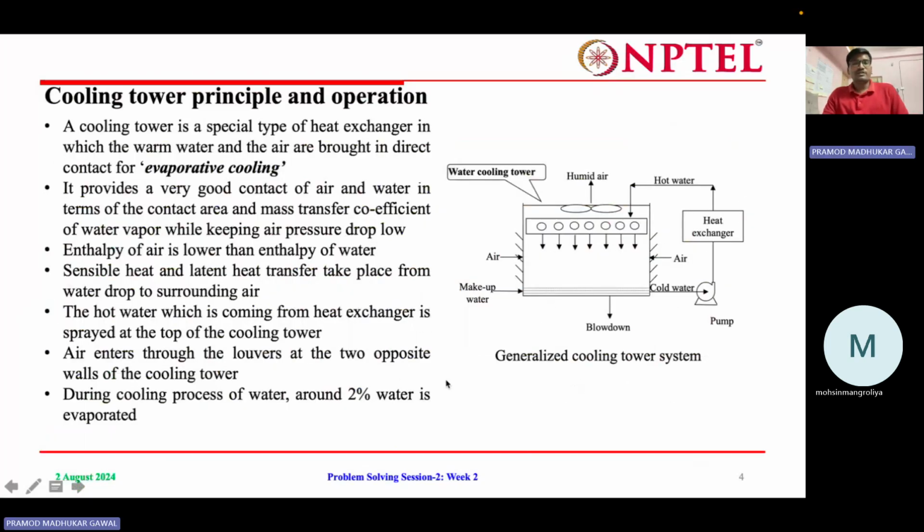Now moving to the cooling tower principle and operations.